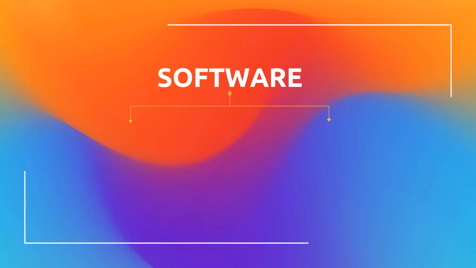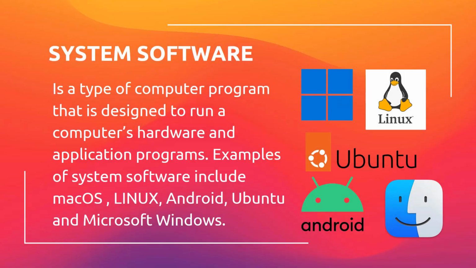There are two kinds of software: system software and application software. Let's talk about system software. It's a type of computer program that is designed to run computer hardware and application programs. This one is used to run all systems like Windows. As you can see, many laptops or computers have Windows, or Linux, which is used by programmers.